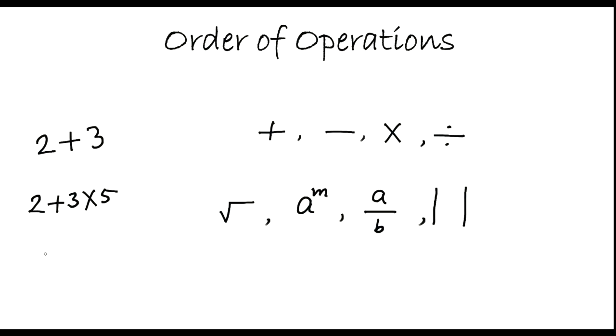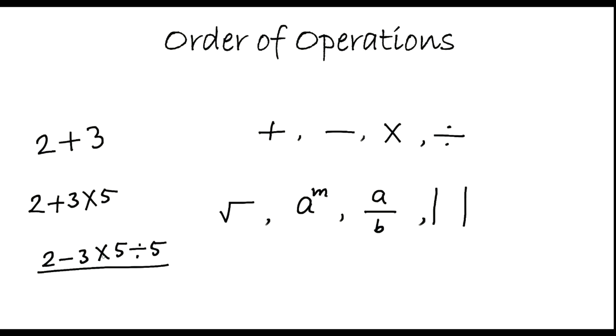You might have something like 2 minus 3 multiplied by 5 divided by 5. This is another numerical expression, and you have to do all the operations here, but you have to follow a sequence, follow an order.